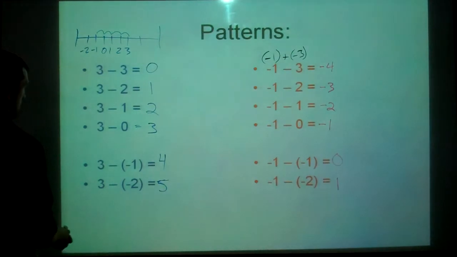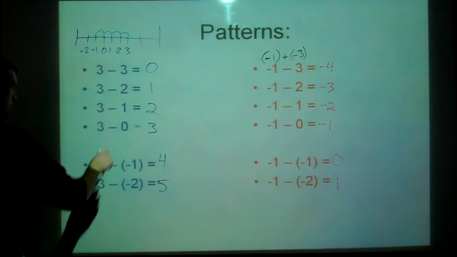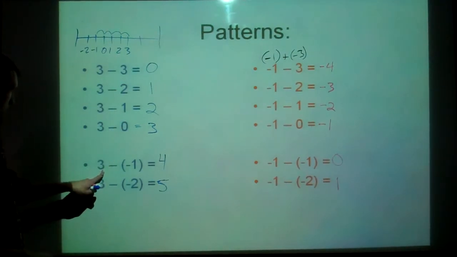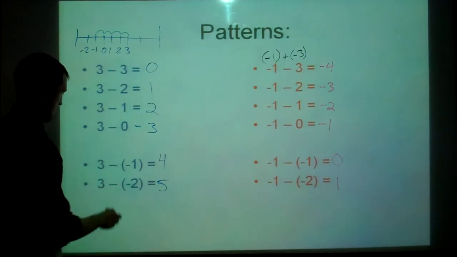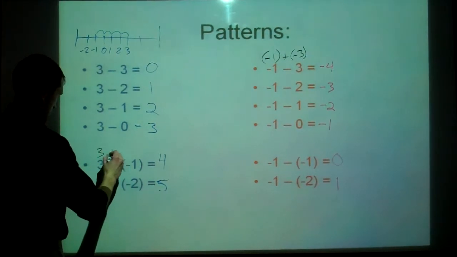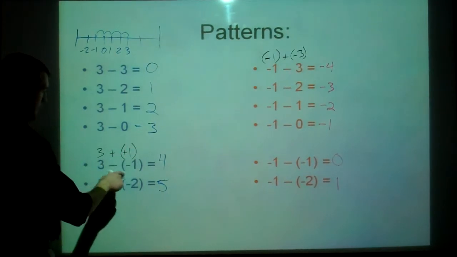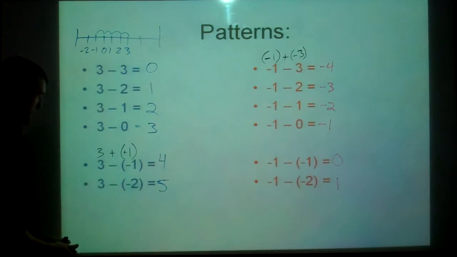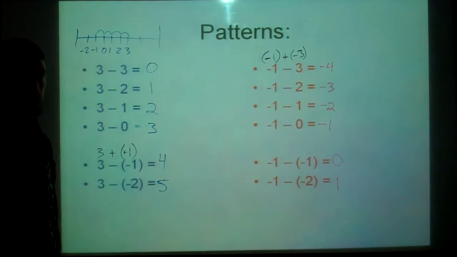This could have been written as, well, we'll leave these ones because these we already know. But this could have been 3 plus 1, since we would want to add the opposite of this one. That's following that rule. We're going to have to work with these quite a bit in order to get used to them, but we will.